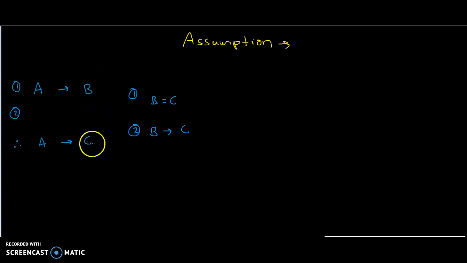I'll end up there. The assumption aspect of it is identifying one of those pieces, those parts, is missing. We're not making the full connection from A all the way to C. Something's missing, and there are two options 90+% of the time. There's some rare exceptions to this rule, but I really wouldn't worry about it right now.